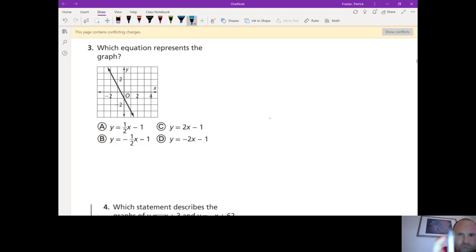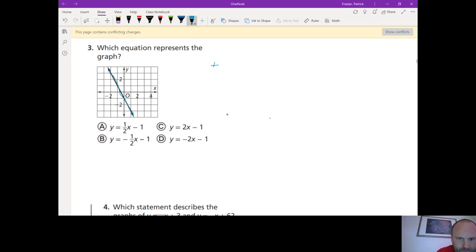If we were going in this direction, it'd be positive x, or think of it as y equals positive x plus or minus some number, whereas this is going in this direction.